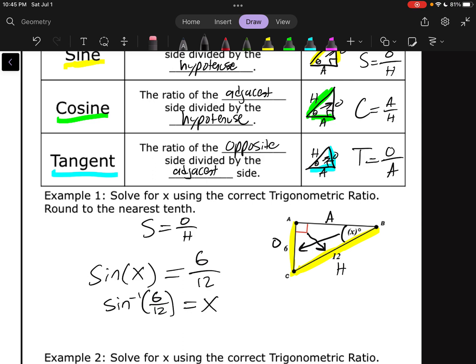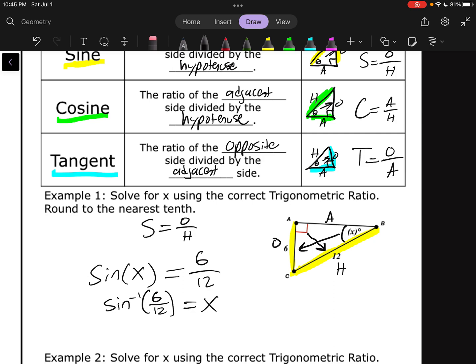So what is inverse sine? Inverse sine is the inverse function of sine. Normally, with sine, you put the angle into the parentheses, and it is equal to the ratio, right? That's how we set up all these equations. Well, the inverse sine function does the opposite. Instead of putting in the angle and getting out the ratio, we put in the ratio and we get out the angle.